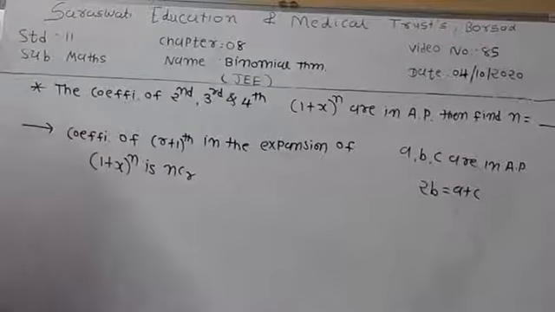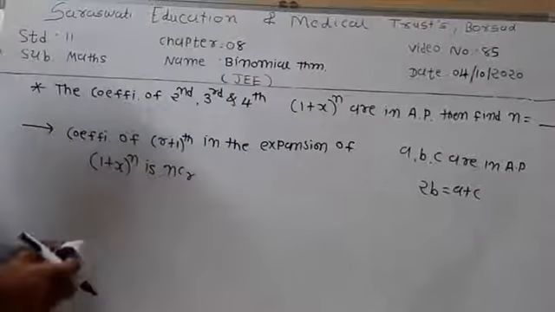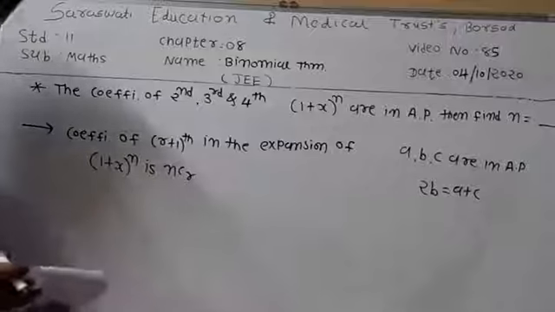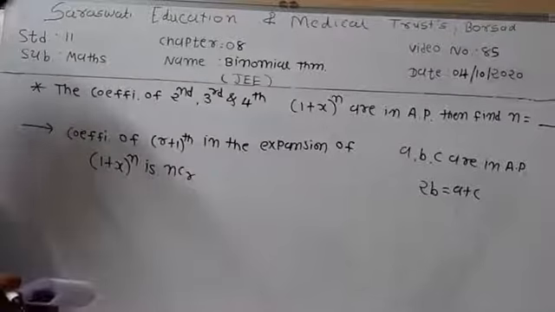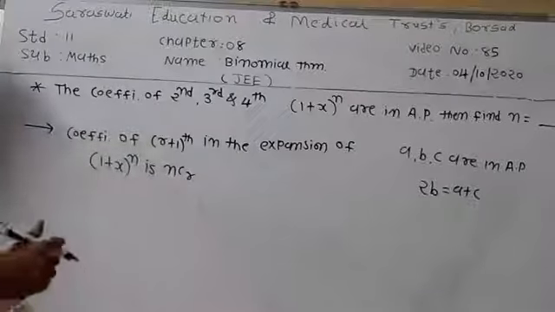In total here we get r plus 1 terms. So the coefficient of the (r plus 1)th term in the expansion of (1 plus x) raised to n is nCr.